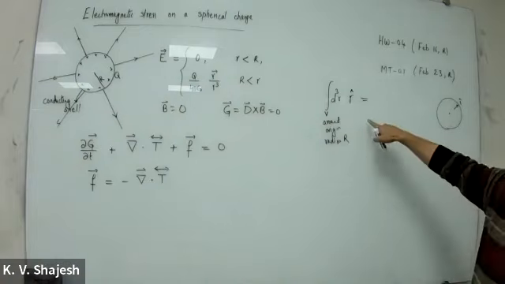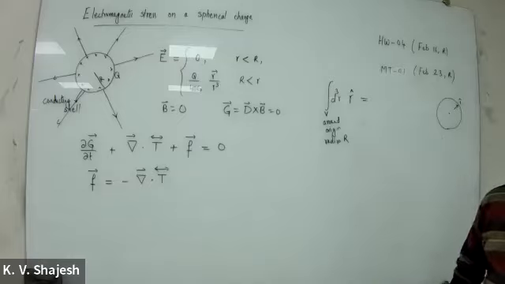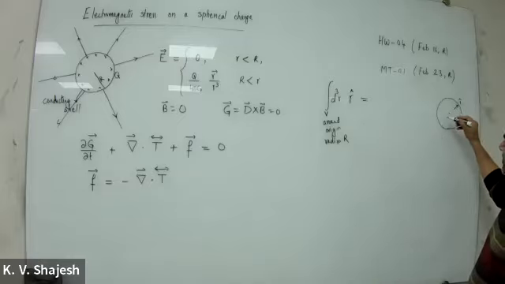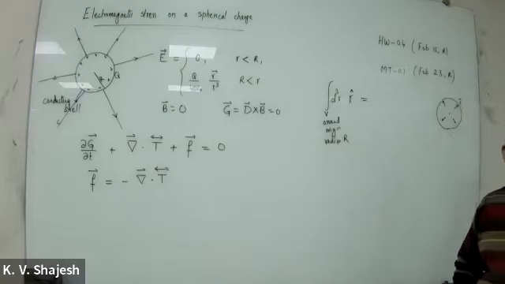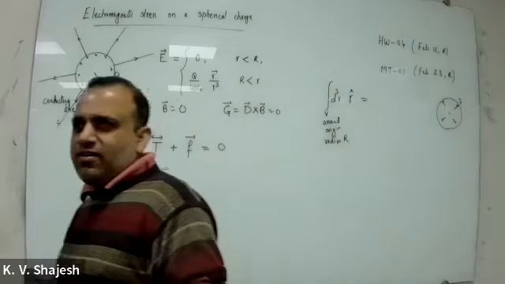It's a vector. For every point on this side, there is another point here, right? But by symmetry it will be 0.